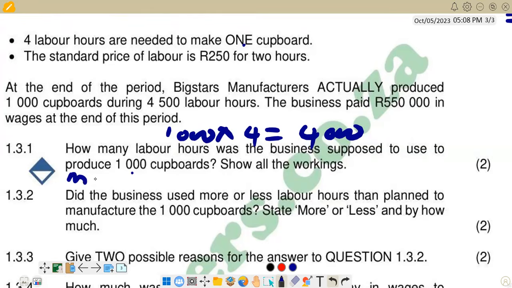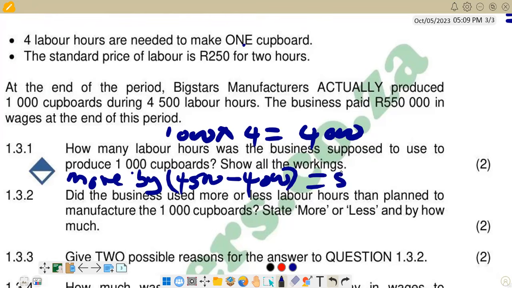So the answer here is more. By how much? We say 4,500, that is what they used, minus the ones they were supposed to use. Then you get 500. So it's by 500 hours. That's our answer there.